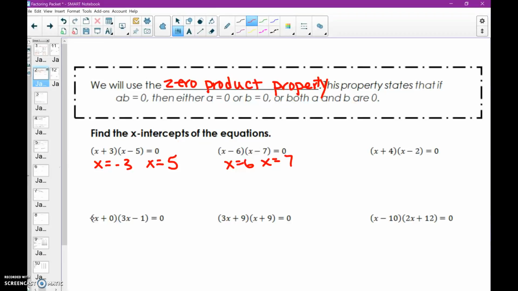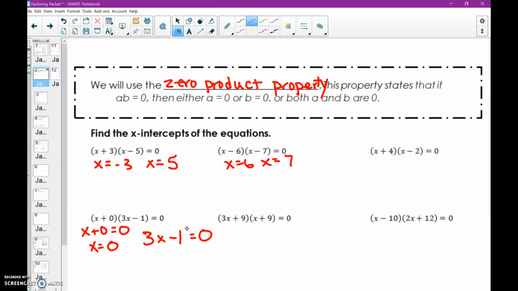Now if you take a look over here, it's a little bit different, but really it's still the same process. I still have x plus 0 equals 0, and mentally I can kind of say to myself that that's just x equals 0. Now this one I can't do the shortcut of just taking the opposite sign, because I'm going to have to do a little bit of extra work in solving for x here.